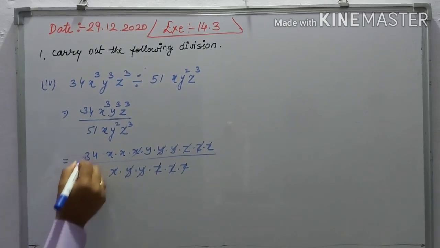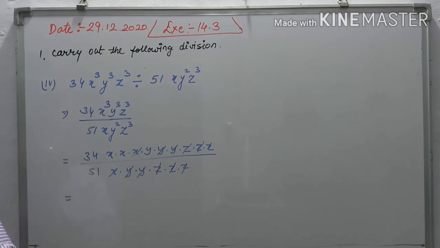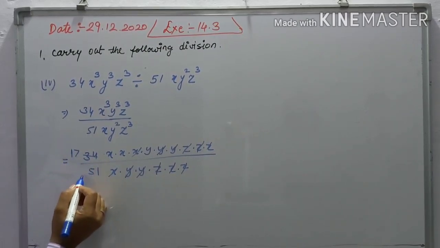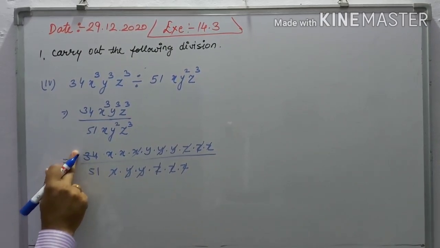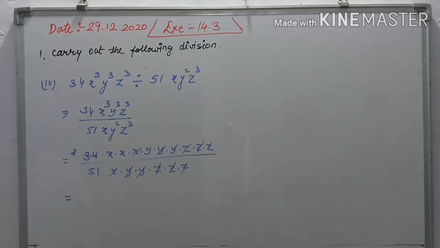Then for the numerator value 17, the table of 2: 2 1s are 2, 2 7s are 14, but 51 is not divided by 2. So you write 17 2s are 34, and 17 3s are 51.